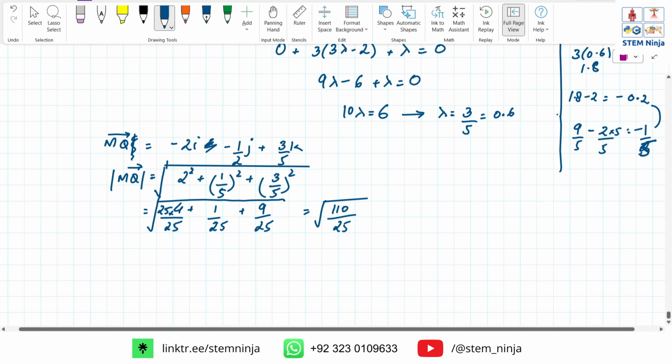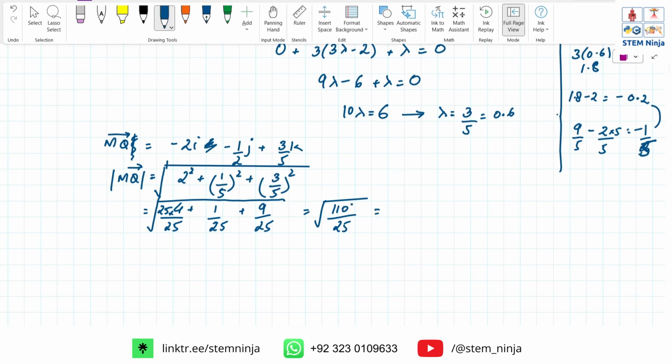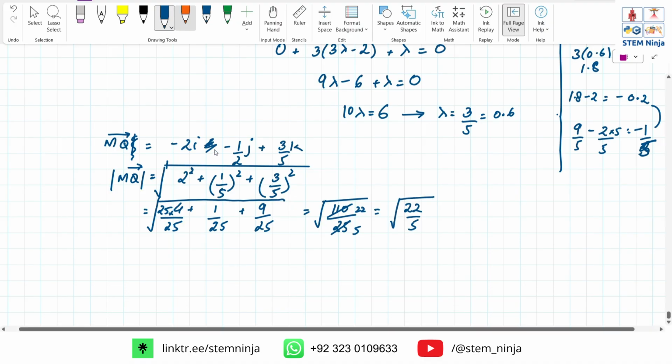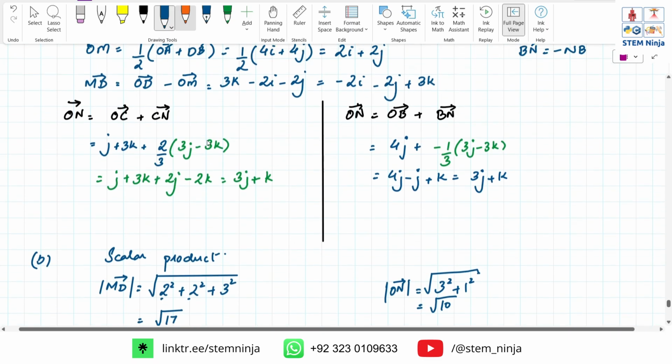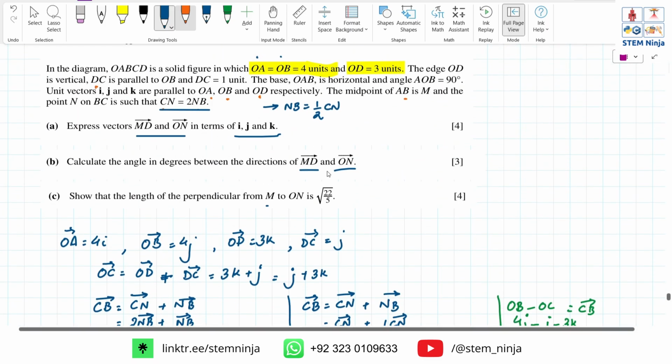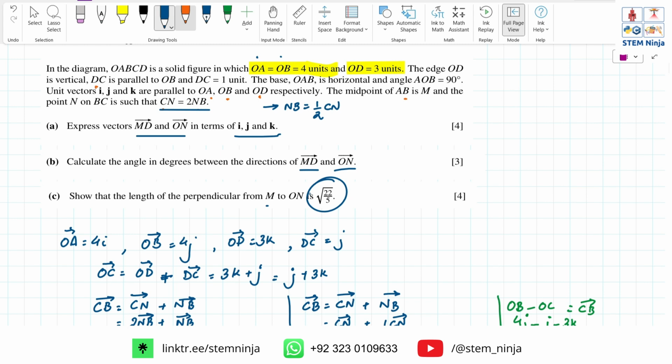When we divide both the numerator and denominator by 5, we get 22 over 5, square root. And I guess that was what we needed to show. Yes, as you can see, that was what we needed to show.